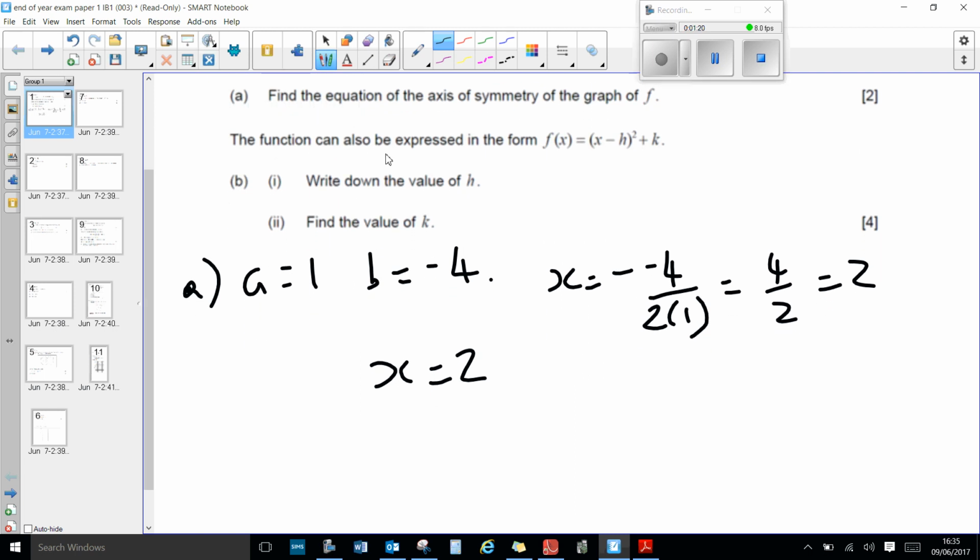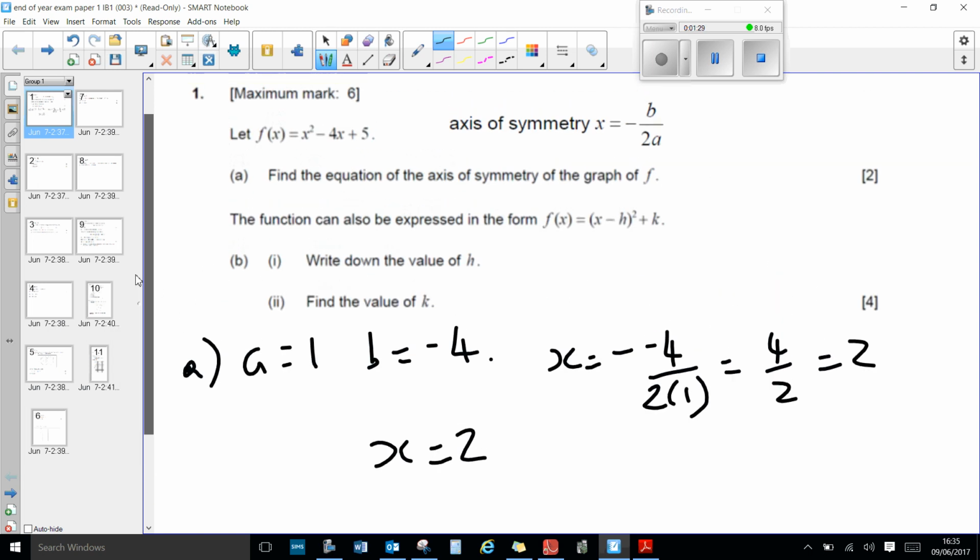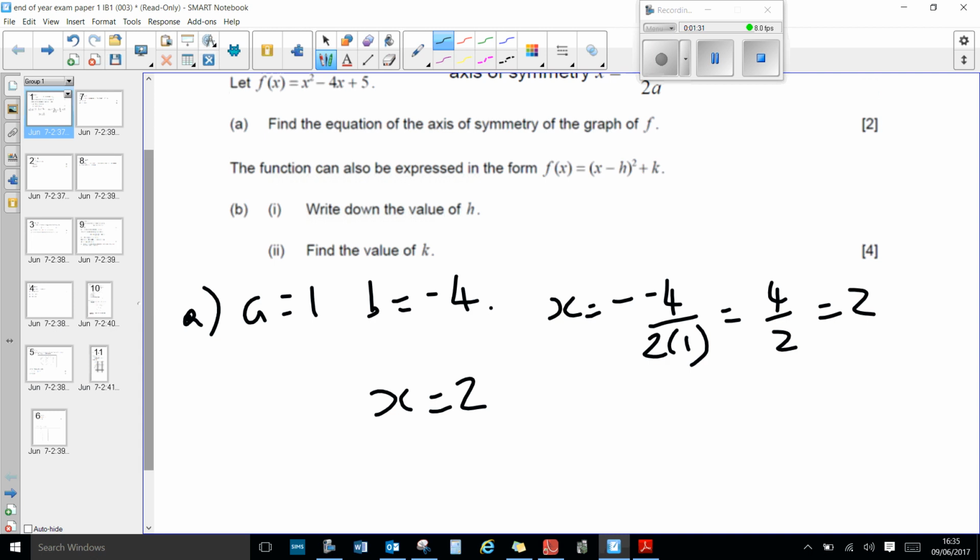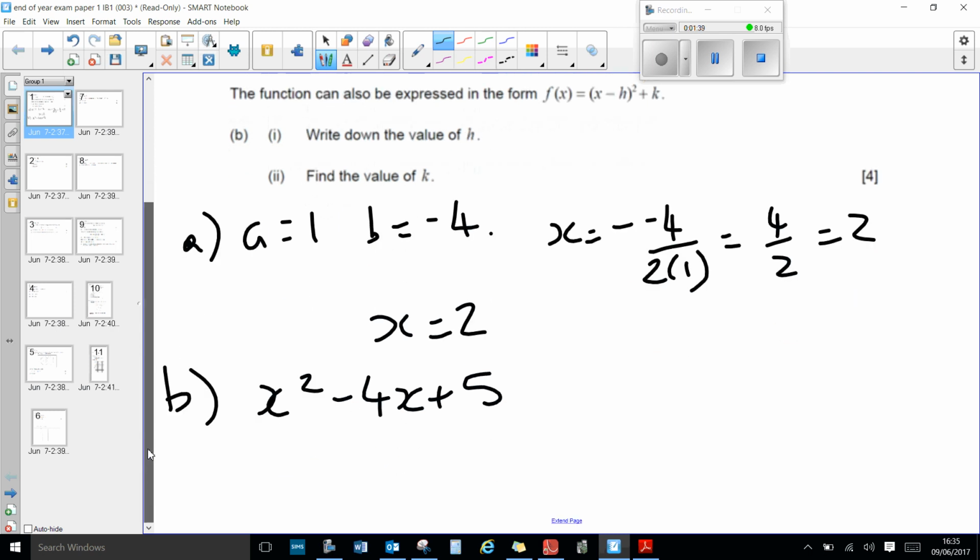Next question talks about expressing it in this format. As hopefully we recognize, this is completing the square format. So we're going to take our function and we're going to complete the square. So remember, we're looking at this value here, that's negative 4, and we halve that number.